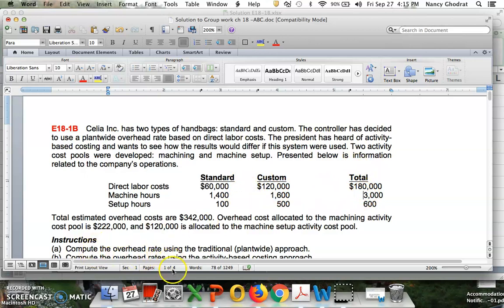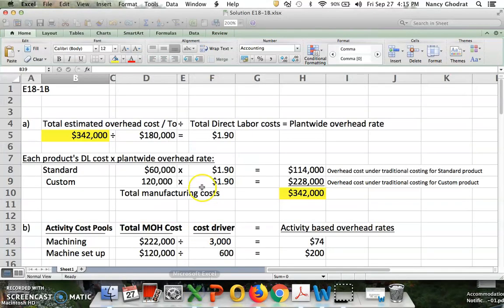Now, computing the overhead rate using the traditional approach. Remember that the total estimated overhead cost is 342,000. Now we're going to divide that by the total estimated activity base of direct labor cost, which is 180,000, and the rate we're going to come up with is $1.90 for each hour of direct labor.